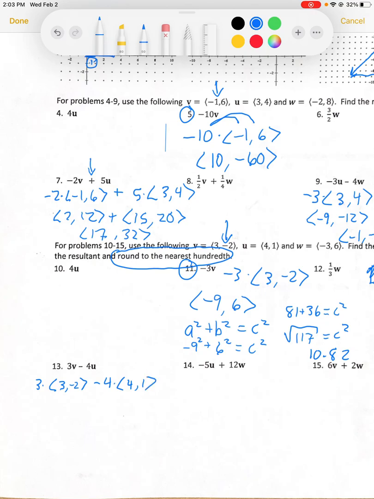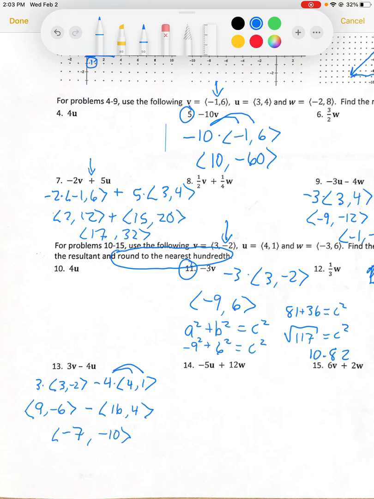So that'll be 9, negative 6, minus, I'm going to do it the other way than I did on number 9 this time, just for variety. 16, 4. That'll give us 9 minus 16 is negative 7. Negative 6 minus 4 is going to be negative 10.